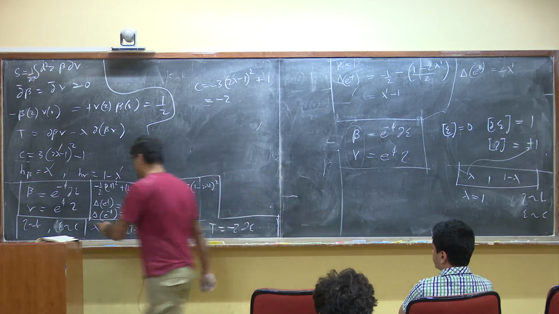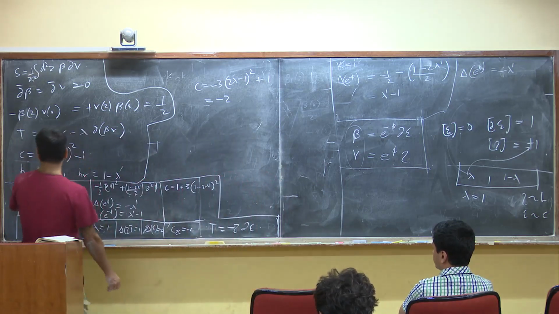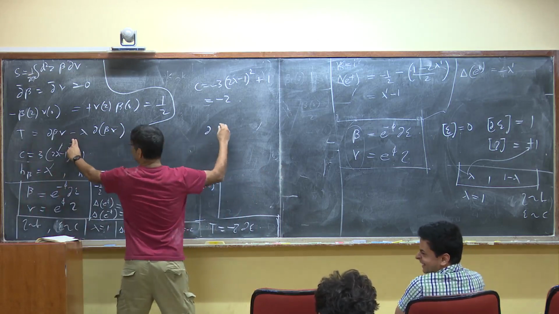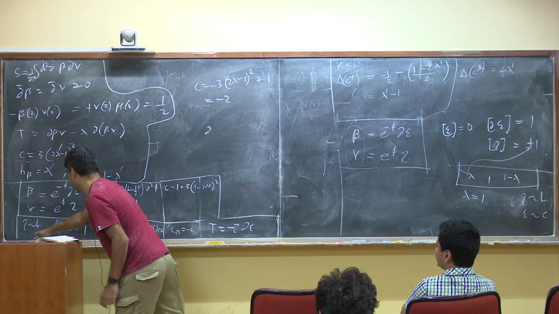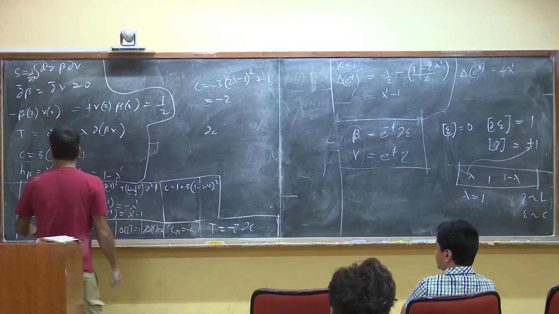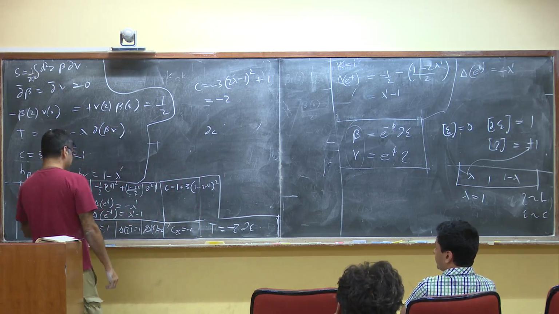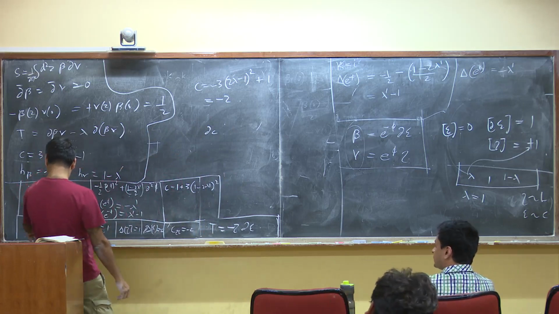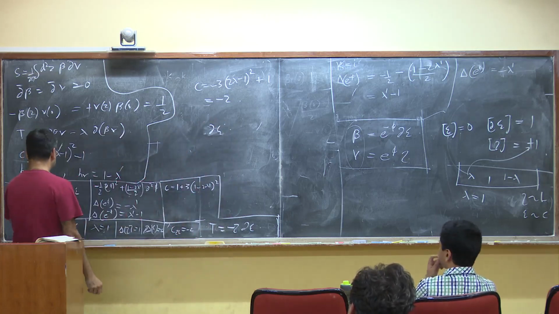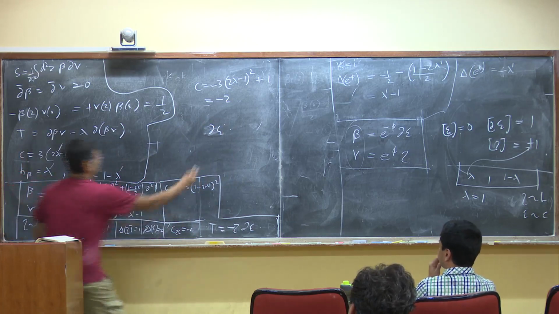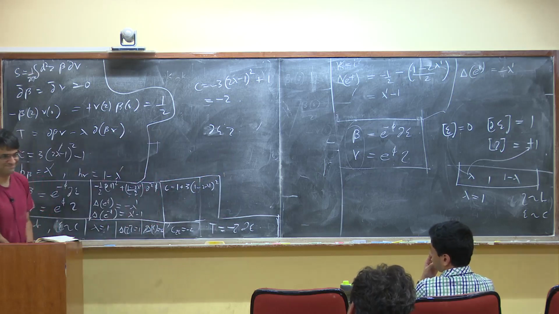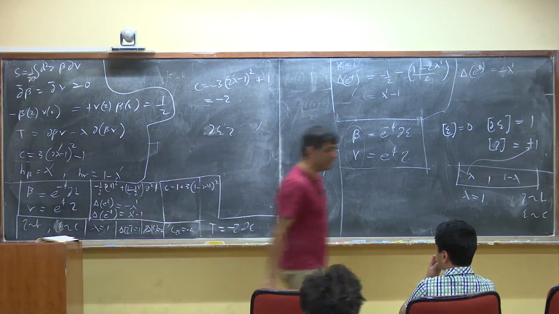Suppose we had done lambda equals 0, then we would have got del beta, but B would have been zeta, del zeta, and C would have been eta, and that's exactly minus eta del zeta. Okay, so no ambiguity.